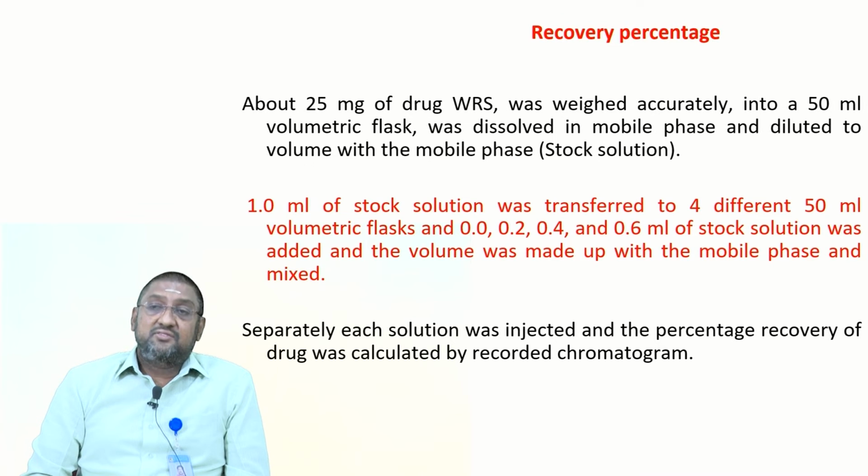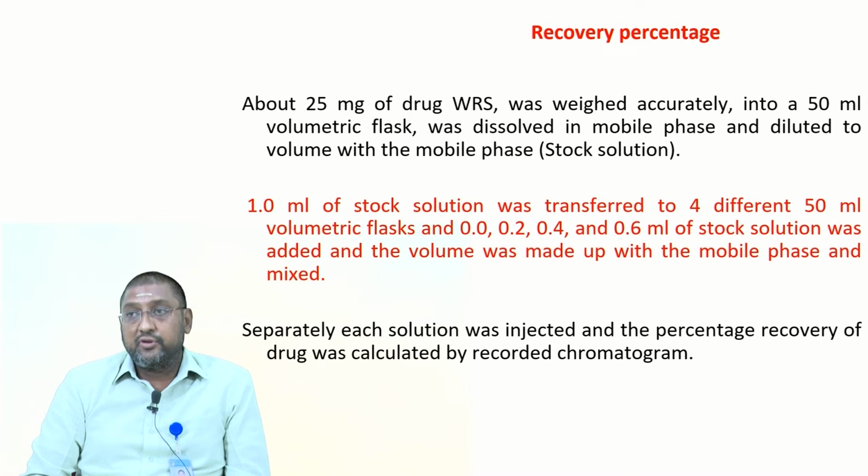You have to take just 25 milligram of working reference standard drug, and after taking the weight, you put it in a 50 ml volumetric flask. Before that, ensure the volumetric flask is clean and dried. After that, you make up with the mobile phase up to 50 ml. That is considered the stock solution.